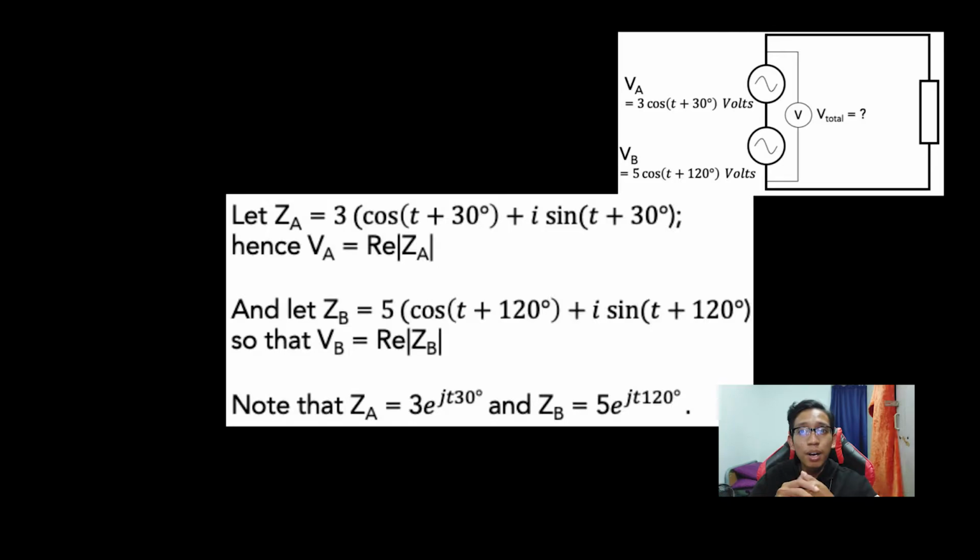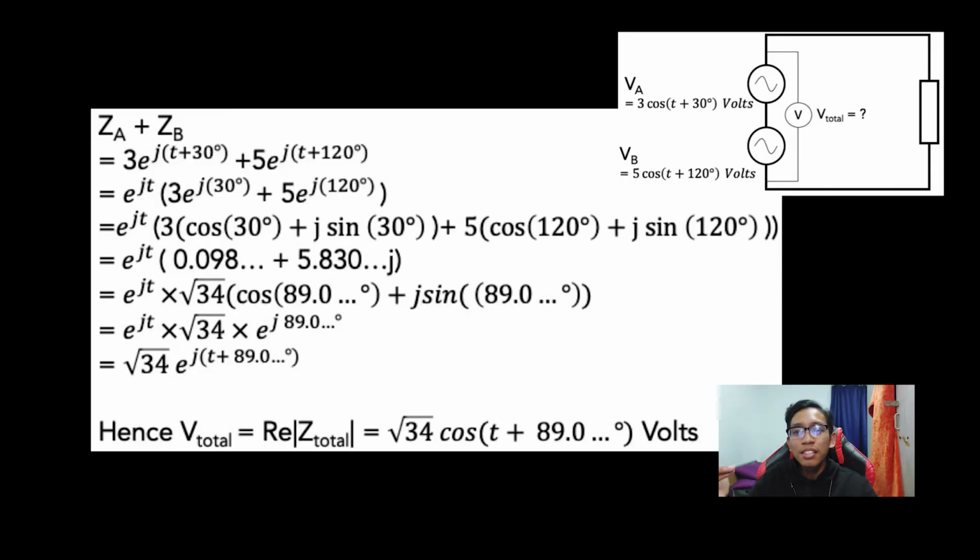Let this equation compute itself by applying this formula, and then we can add the complex numbers and factorize, and hence we will get the full result of V total, the potential difference between the two AC power circuits.